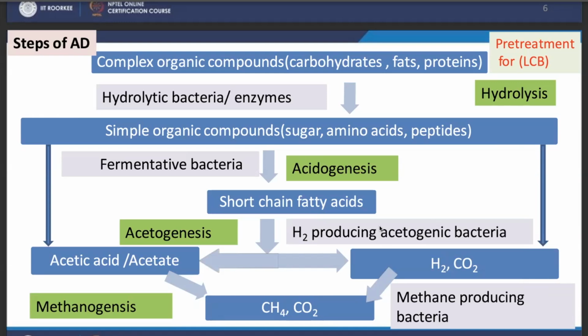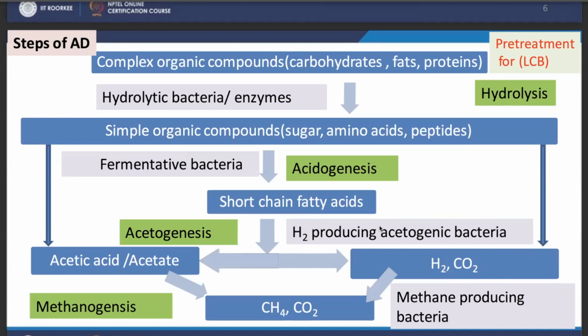So if we are converting CO2 and H2 into methane and CO2, it is the role of methane producing bacteria. We will discuss in the coming slides who those are and what they are. Then if we are converting acetic acid or acetate into biogas, this process is called methanogenesis. From the name, we can guess what the process might be.